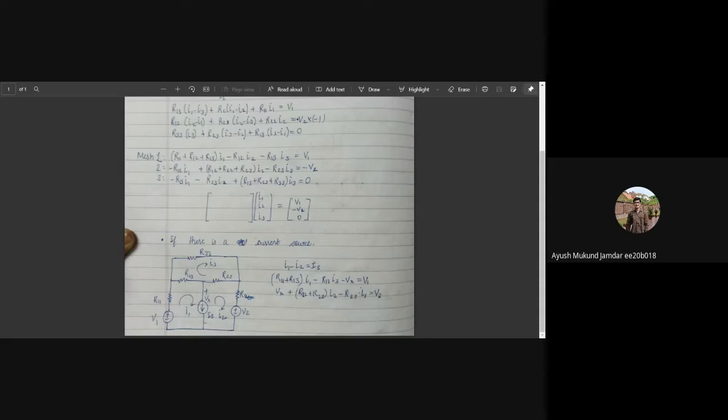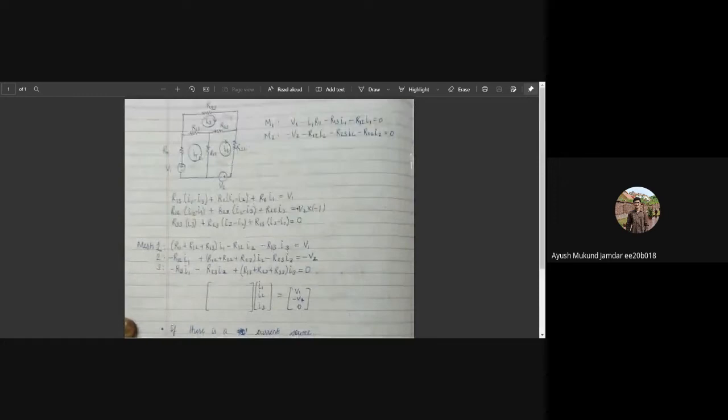That is, there is a constant current source, and we have assumed a potential difference across it. That will give us one more equation, and that is I2 minus I1 will be equal to Is, and these equations will be ready for us. So that's how loop analysis goes.